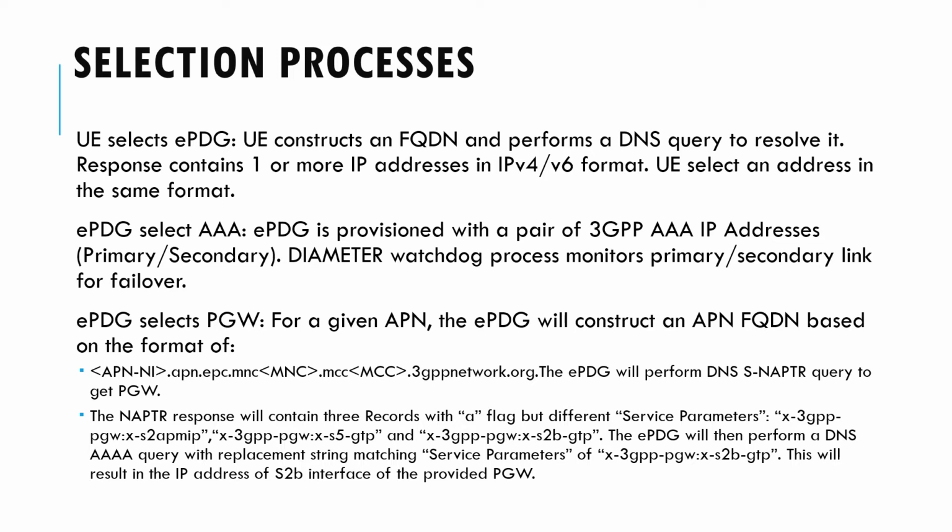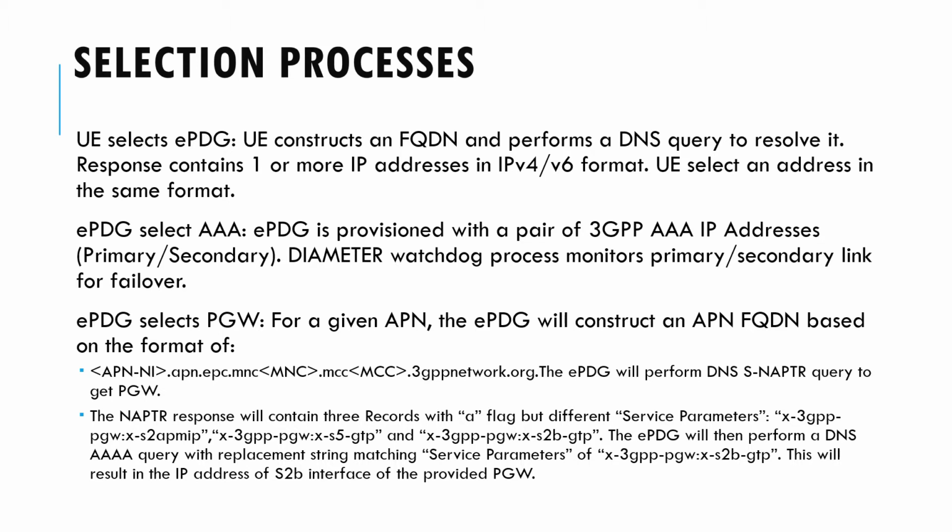So how is the process going on? Basically, the first NAPTR query will result in three records. But these three records will have different service parameters. For example, the three records will be like x-3gpp-pgw:x-s2a-pmip. So the first service is the PMIP service.